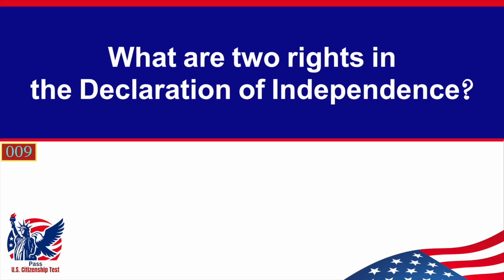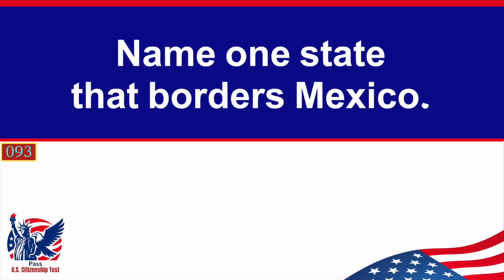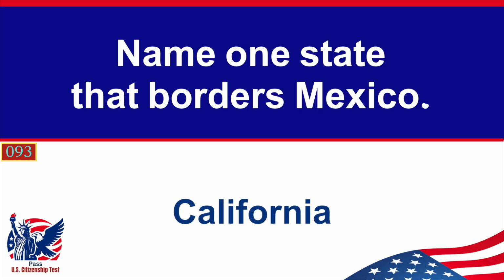What are 2 rights in the Declaration of Independence? Life, liberty. Name one state that borders Mexico. California.